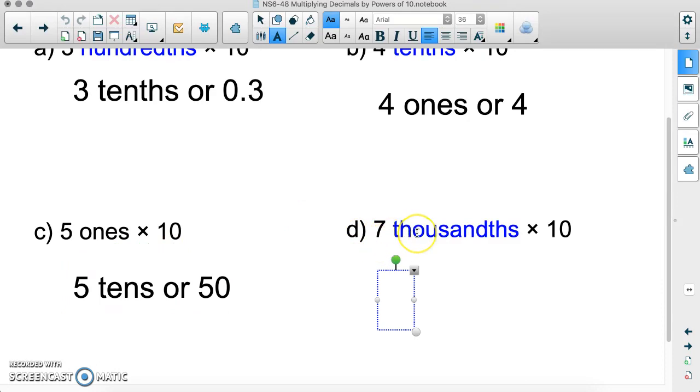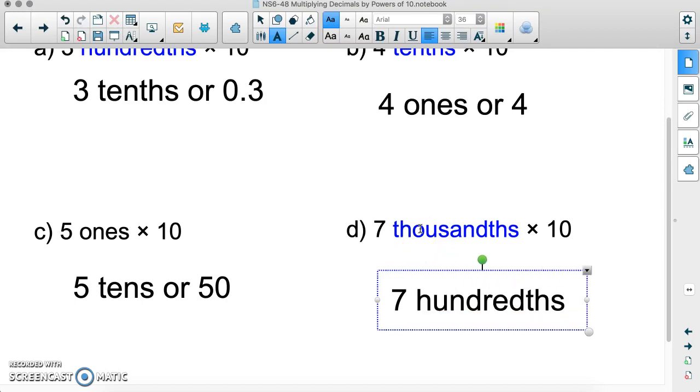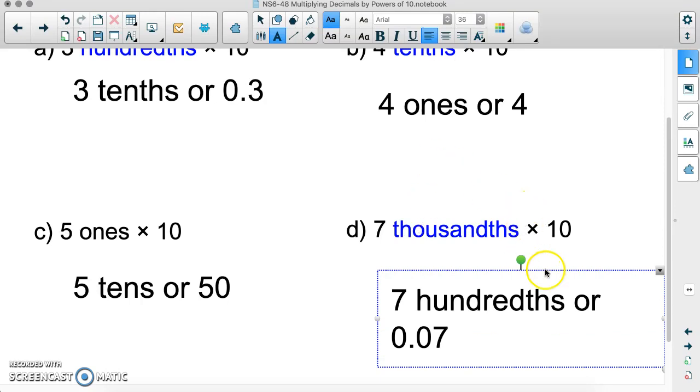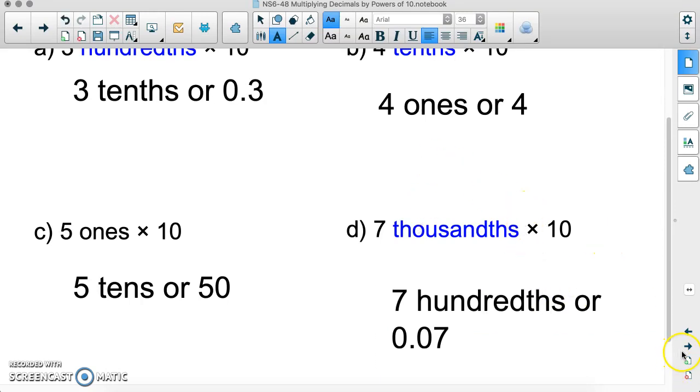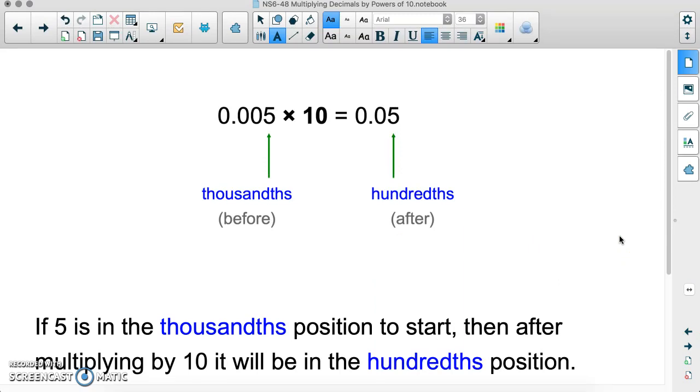If we have 7 thousandths and we multiply by 10, we're going to end up with 7 hundredths. Or we could say that we have 0.07. Both would mean the exact same thing. Okay. Now, if we look at this example here, we have 0.005 times 10.